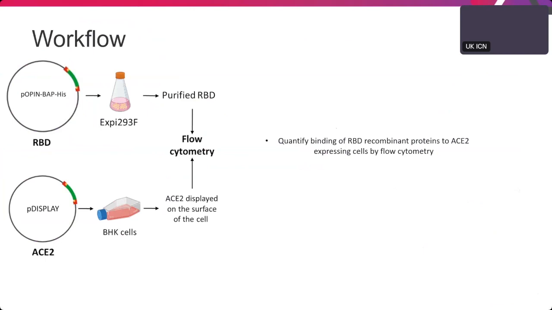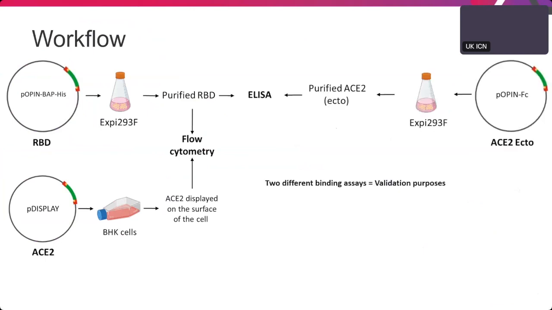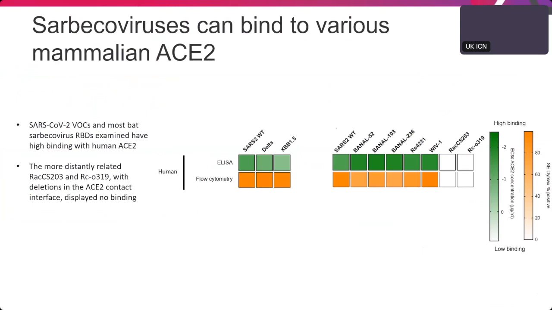These two different methods were used for confirmation and validation purposes. Upon correlating ELISA and flow cytometry binding data for human ACE2, as you can see, SARS-CoV-2 VOCs and most sarbecovirus RBDs had high binding with human ACE2, except REC-CS203 and RCO309, as expected.